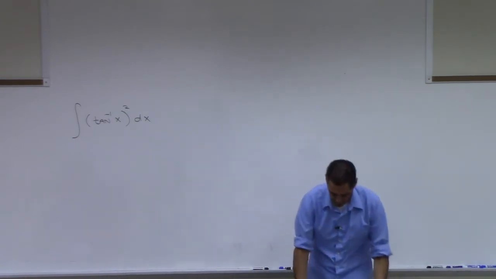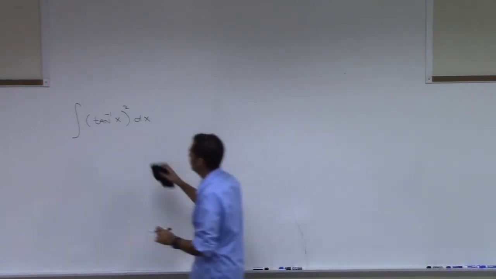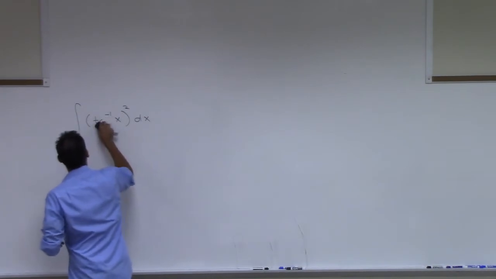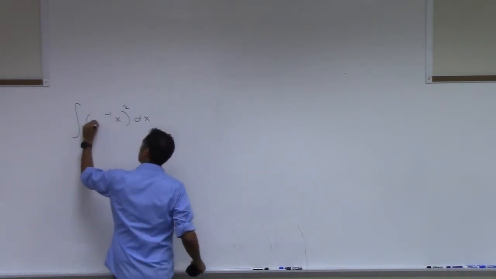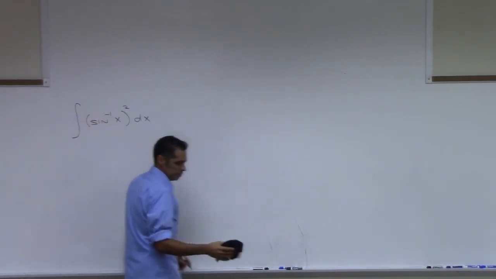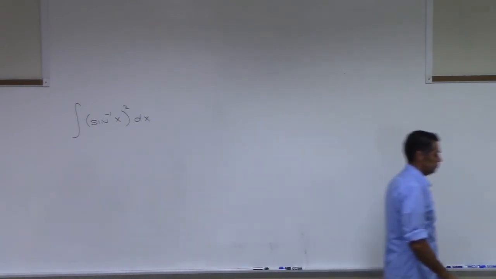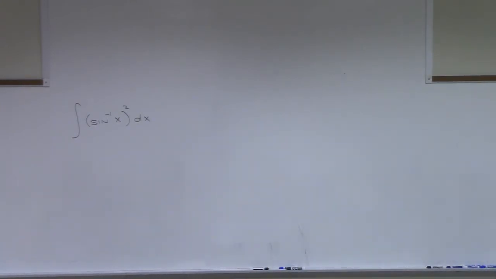Oh, wait, that should be arc sine, not arc tangent. No definite integral. So I guess we're just kind of having an open session here of just doing some problems together, all right?